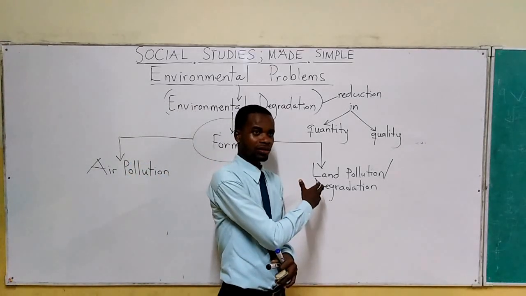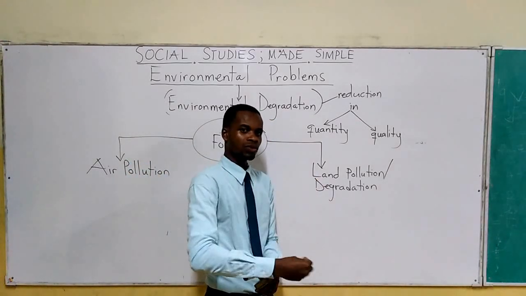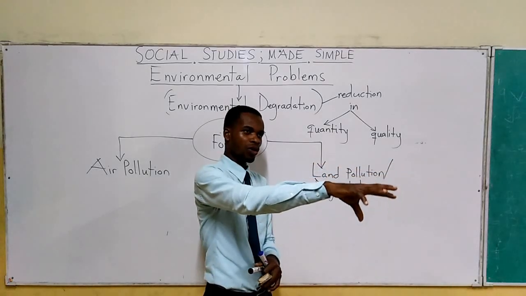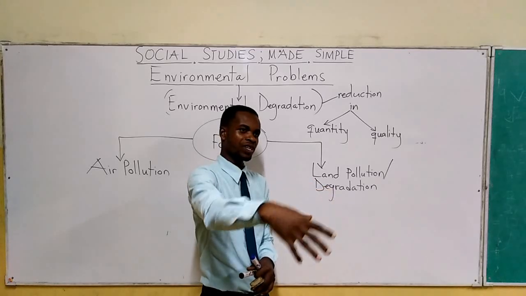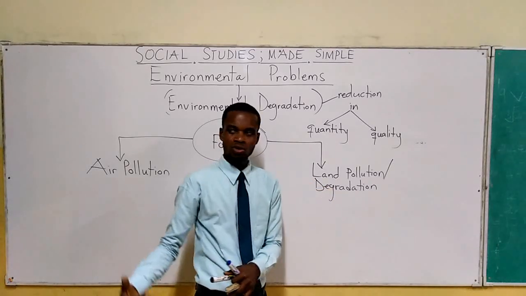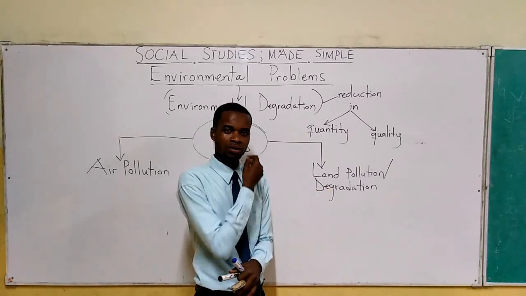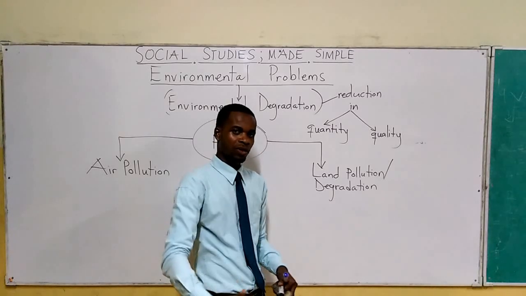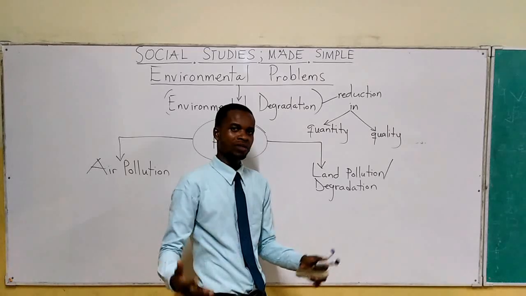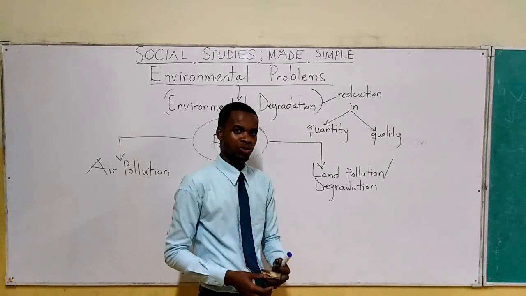Talking about land, if people go on a portion of land and decide to use it to construct their roads and to build, we may not have that part of the land for the purposes we are supposed to use it for.